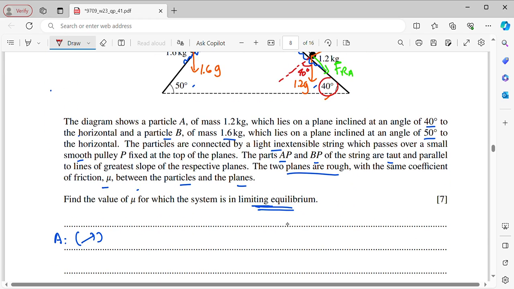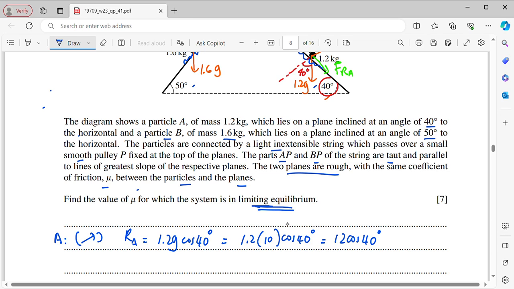From here, I get RA is 1.2 g cos 40 degrees. So it will be 1.2, g is 10, cos 40 degrees. Then you will get 12 cos 40 degrees. I leave it in exact value.